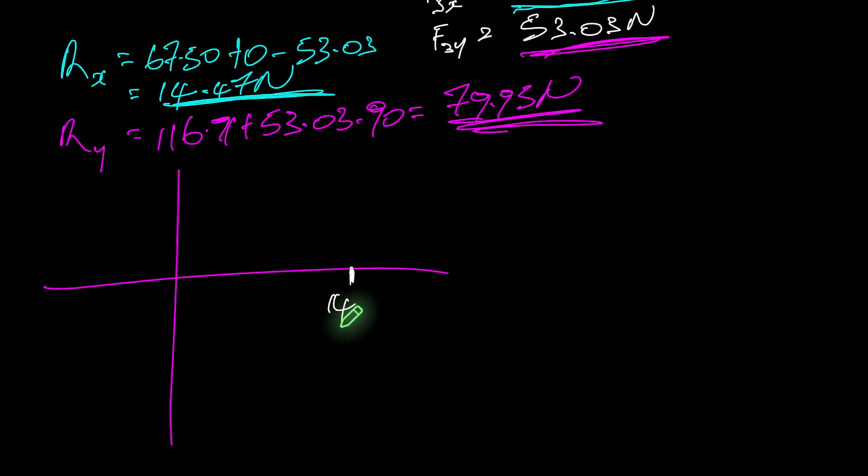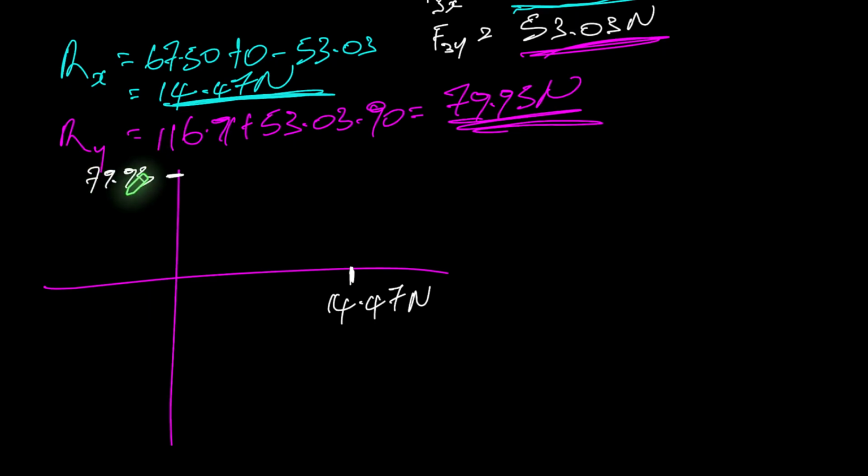I'm just sketching this, remember. So 14.47 newtons would appear right there to the right, and it's there because it's positive. If it was negative, then it would be to the left. The 79.95 for the vertical axis would again be above there.